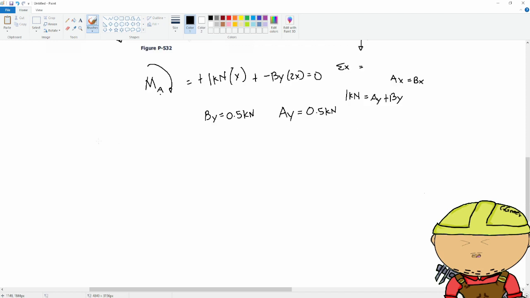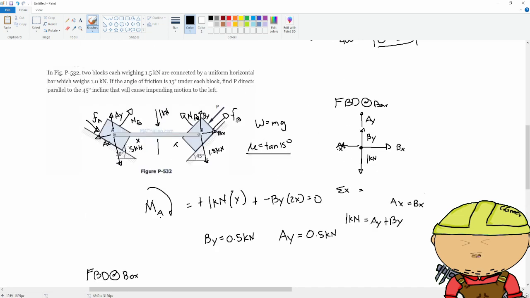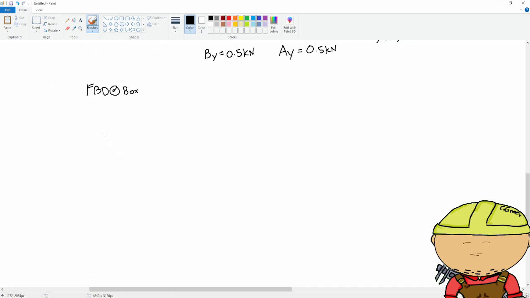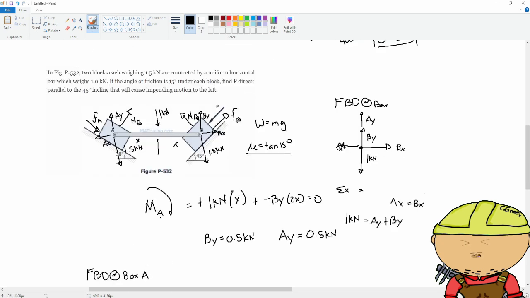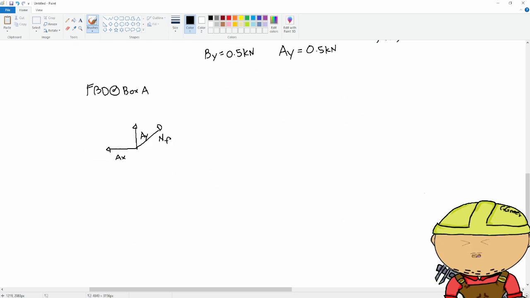Okay, that's AY and BY. So how about we do the FBD at box A. For box A, we have AY, we have AX, and we have the normal force. This is 30 degrees.